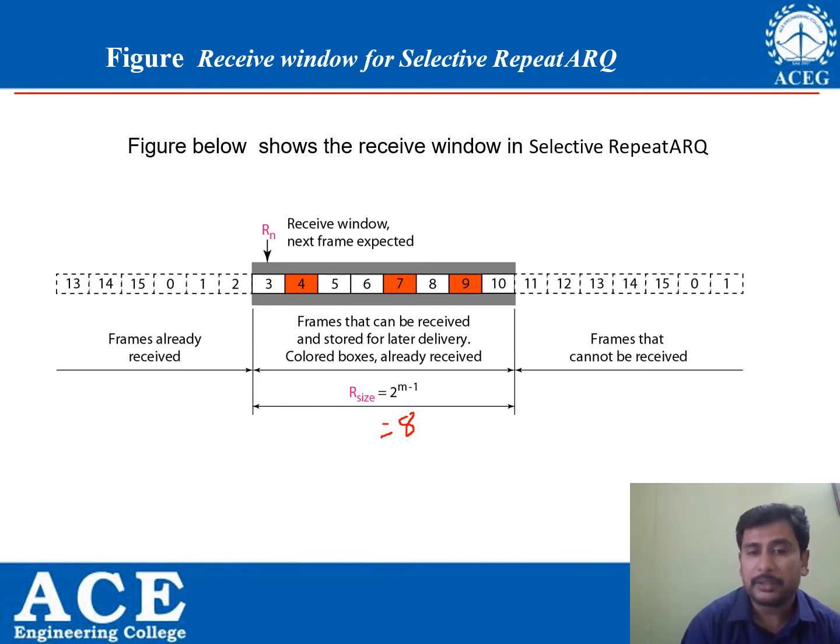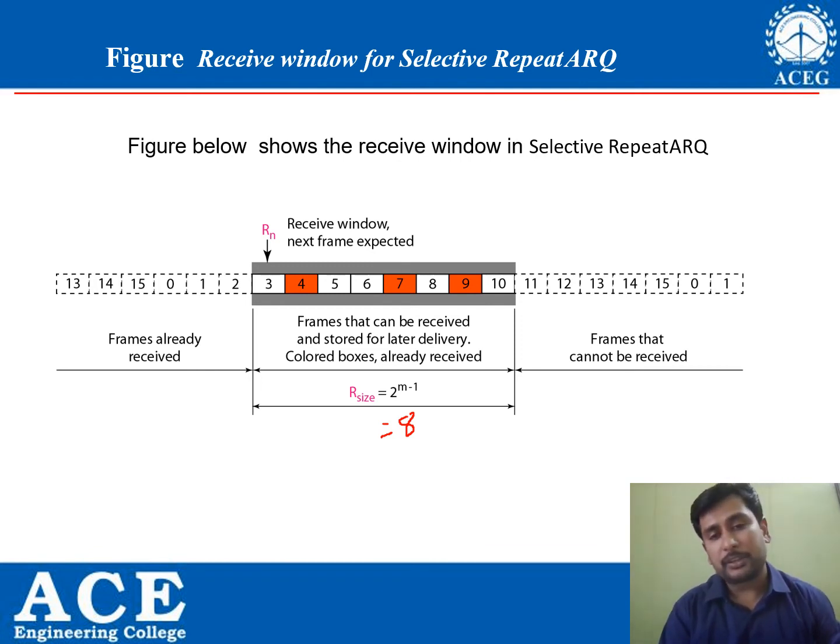So we are keeping them in the buffer, but we are not discarding those frames. This is a major difference between selective repeat ARQ and Go-Back-N ARQ. In Go-Back-N ARQ, if your Rn is 3, then you are going to discard the remaining frames, but here the remaining frames are a part of the receiver window.